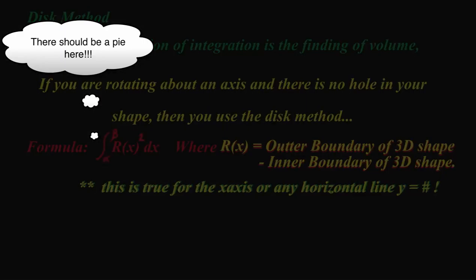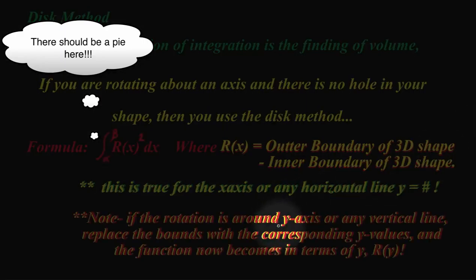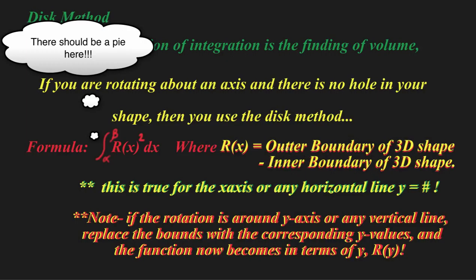And again, if we're rotating about the y-axis or any vertical line, you're going to make sure to change the y values for your bounds of integration. So now this would have to be whatever the corresponding y values are. And then your R(x) now becomes an R(y) squared, where the outer and the inner are formed by y equations here.